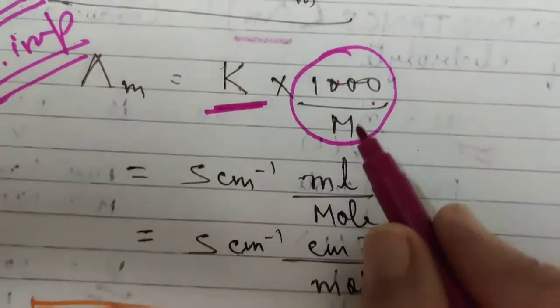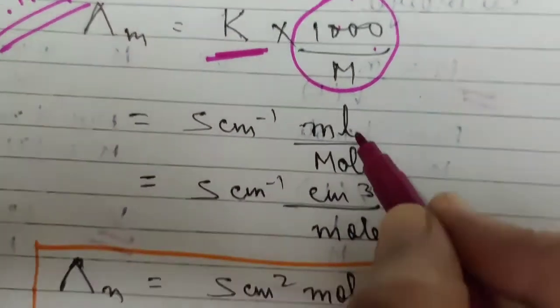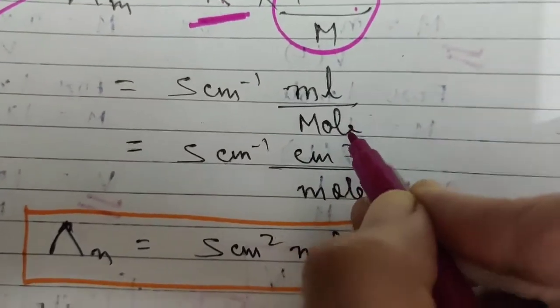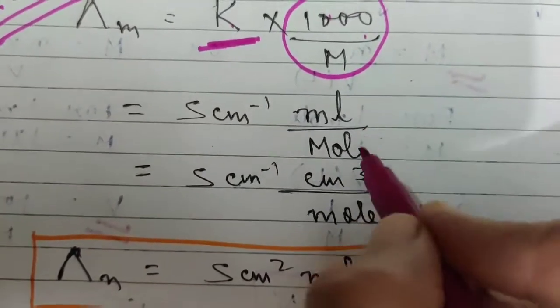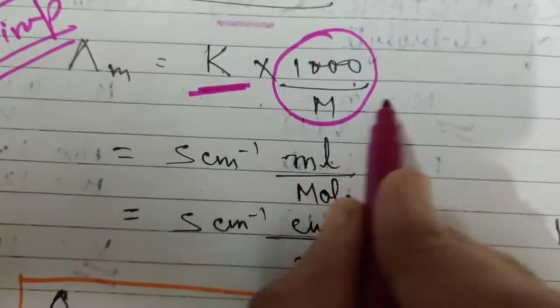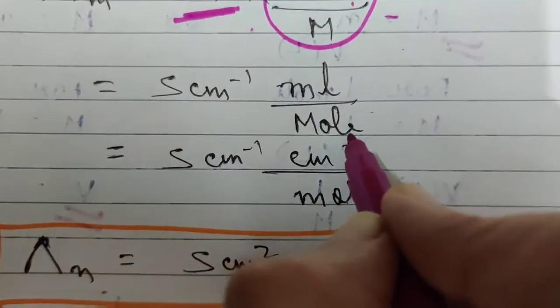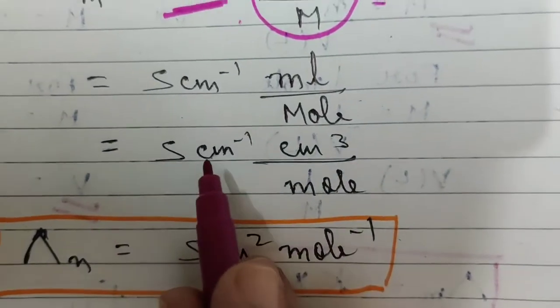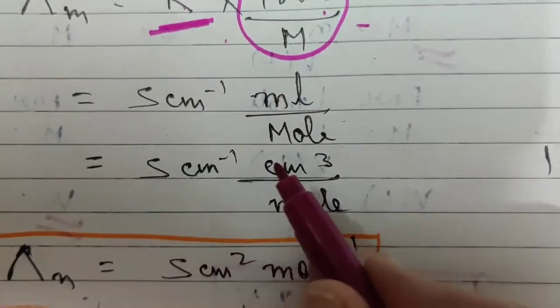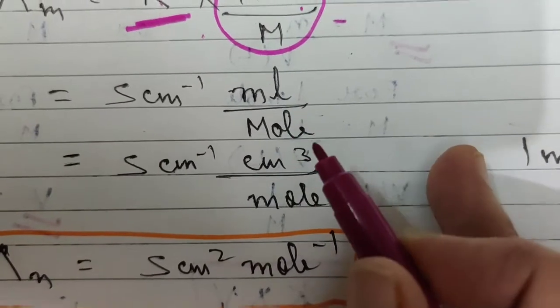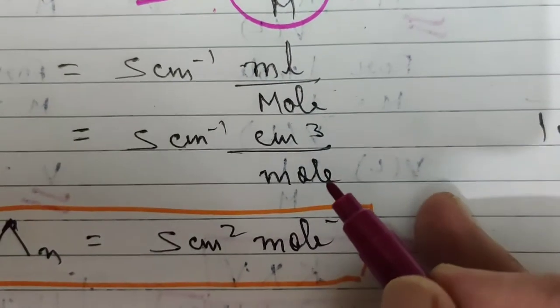According to the formula, this 1000 is ml and molarity is mole here. So I have simply substituted the units from the formula like this, and by substituting the values I'll get Siemens per centimeter. ml can be written as centimeter cube and mole is written as mole only.